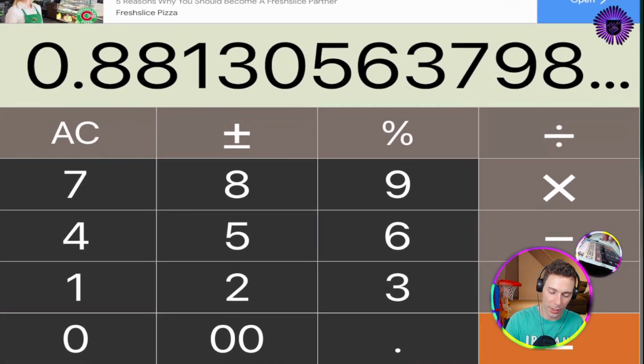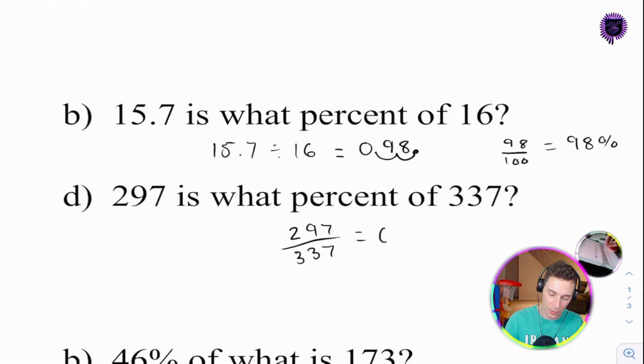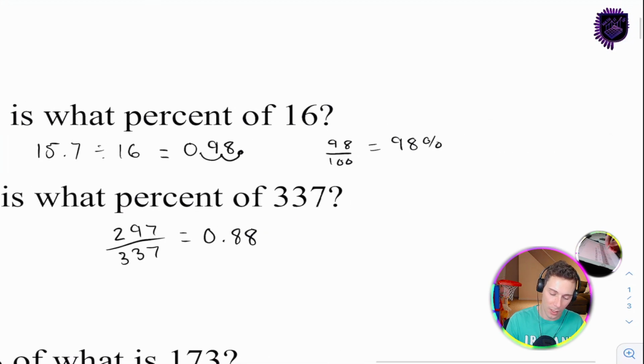Let's call that 0.88. That's our decimal. That's our division answer, but we need to change that decimal now into a percentage. So we'll go 0.88 times 100 is equal to 88%.